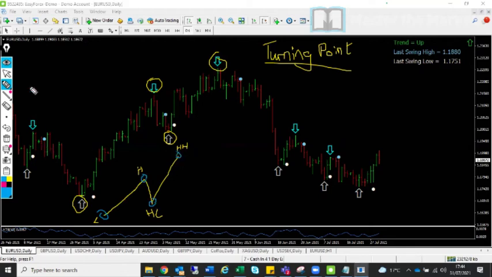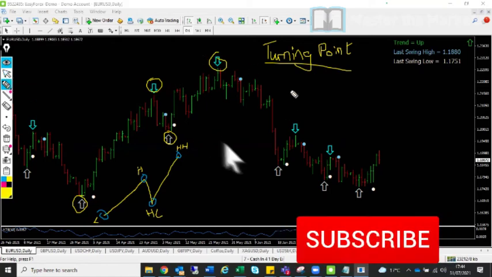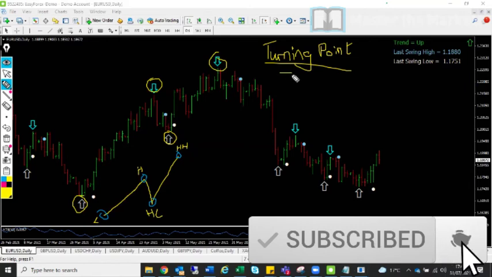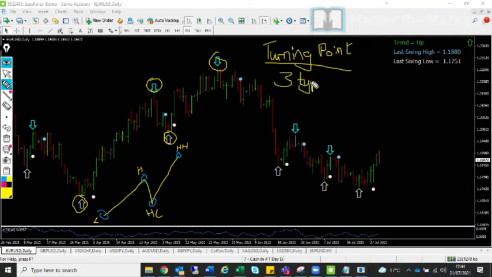Now, looking at this, there's only three permutations of bar patterns that could possibly occur in order to form a turning point. And so we'll list those today. The first type of turning point is a PSWB, a potential swing bar.